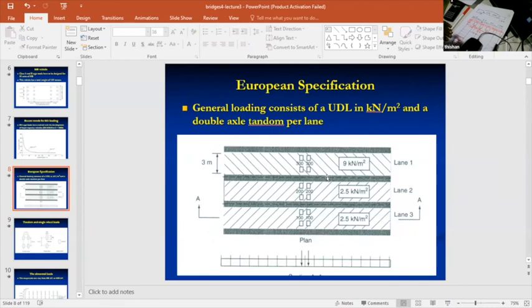So when you create a grillage, the advantage is that you see this load is acting over a width of 3 meters. So up to this point, you can apply 9 kilonewtons per meter line load. But you have to stop somewhere there.